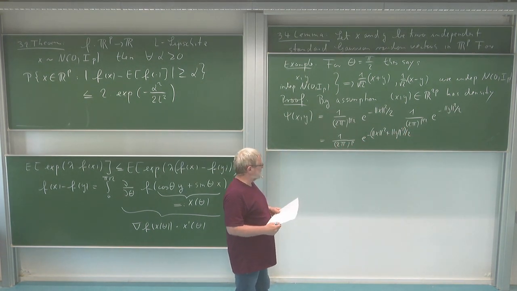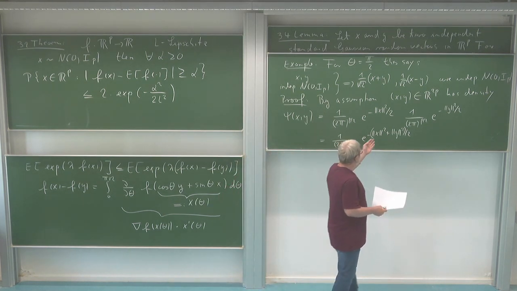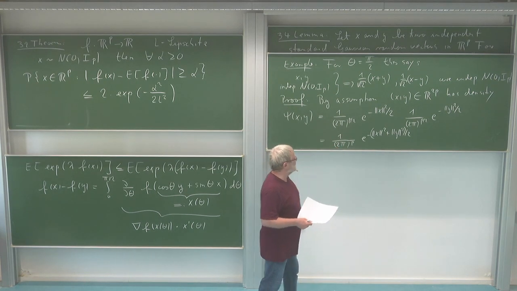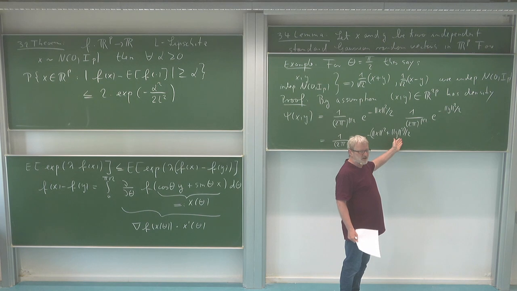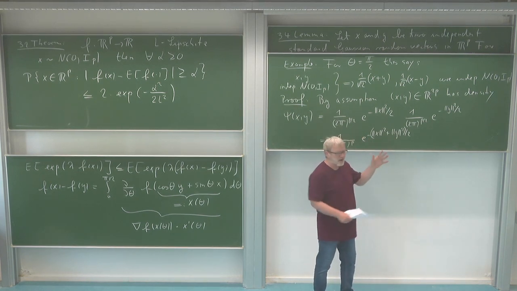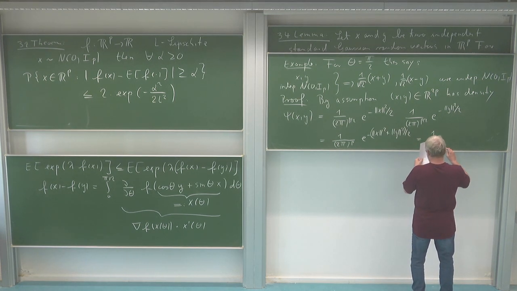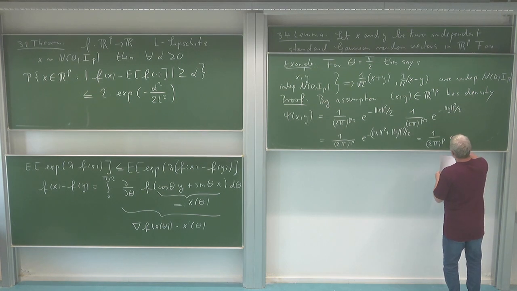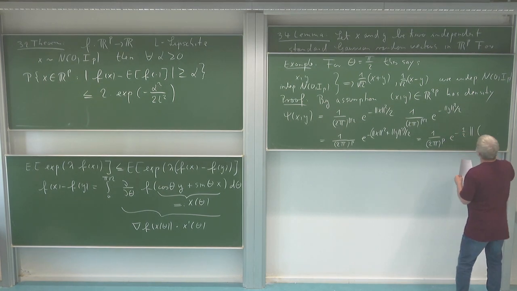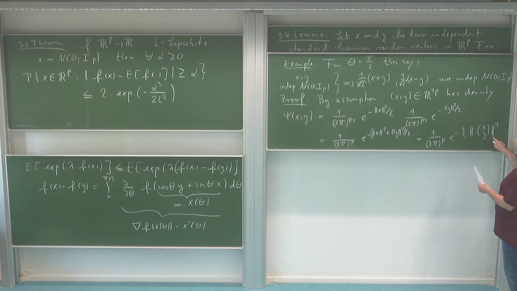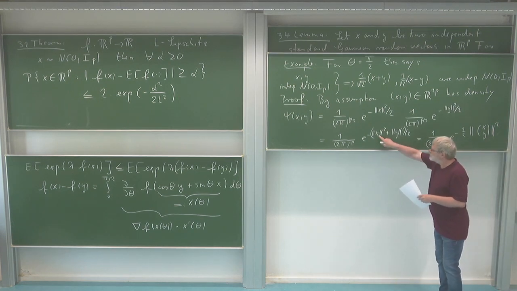Okay, and x and y are vectors in R^p, but if I think of them as being vectors in R^2p, this here is exactly the length squared of the vector (x, y). So I can say this is 1 over (2 pi) to the power p, e to the minus 1/2, and then I take my vector in R^2p, the vector (x, y), let me write it as a column, so the square of this. Okay, so this is the length in R^2p, and those are the lengths in R^p.